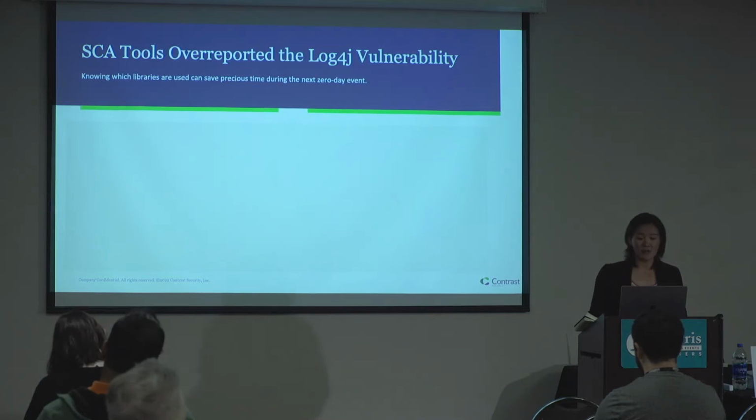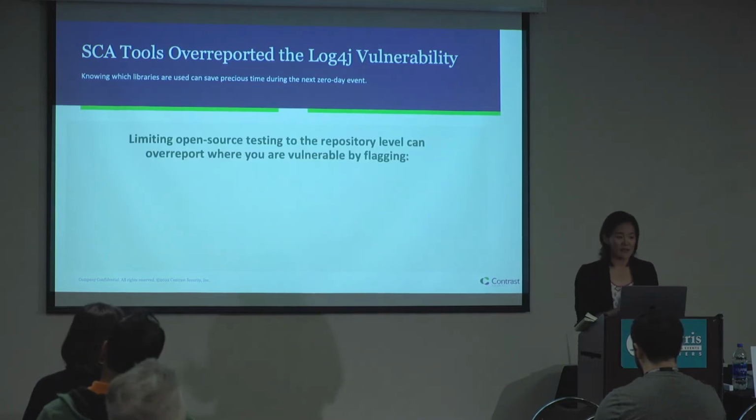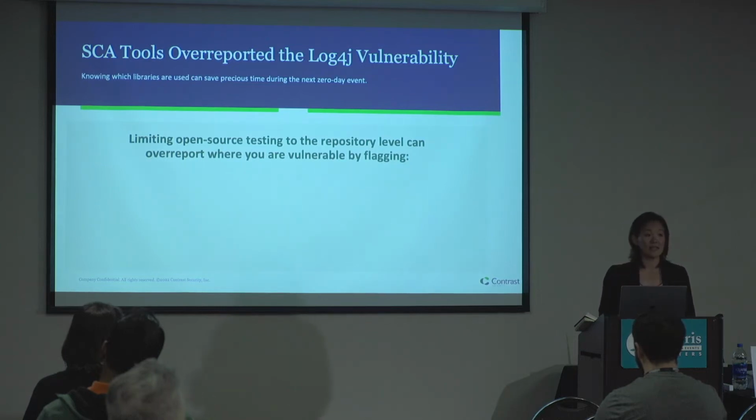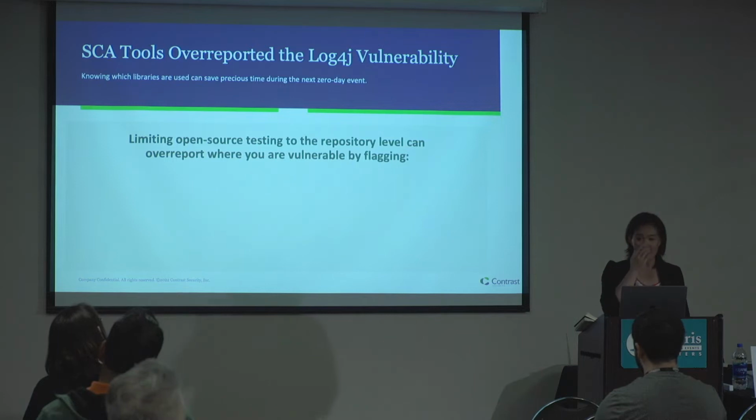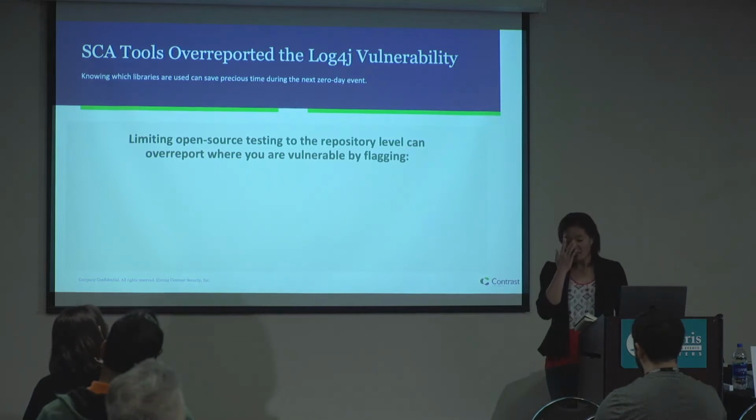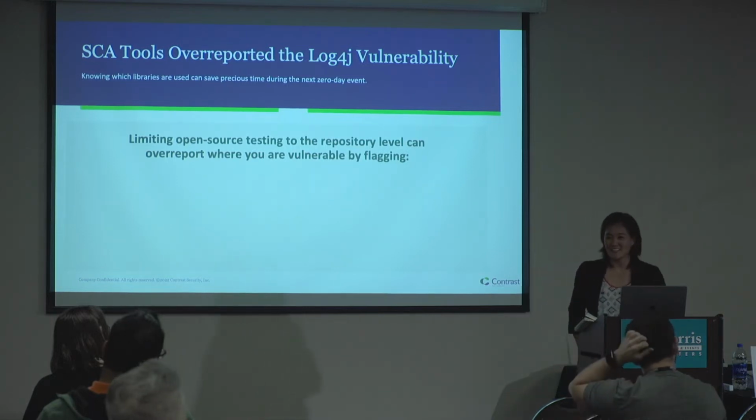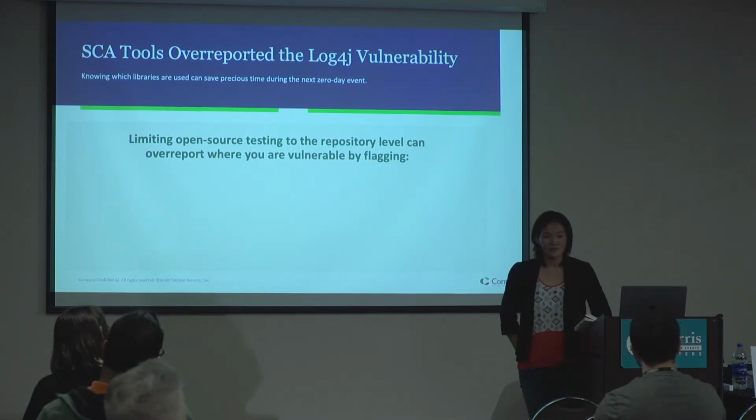But in this case, for Log4j, we actually found that SCA tools have over-reported Log4j. We had one, which shall remain nameless, but our endpoint protection system scanned the local file system for Log4j. So what was the jar name? Log4j.jar, right?